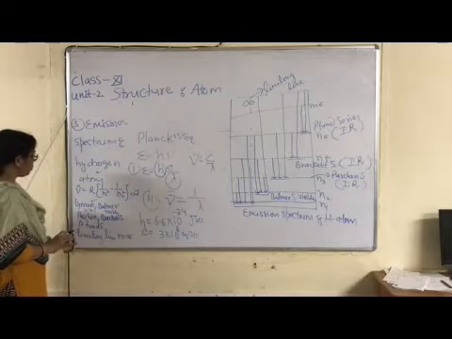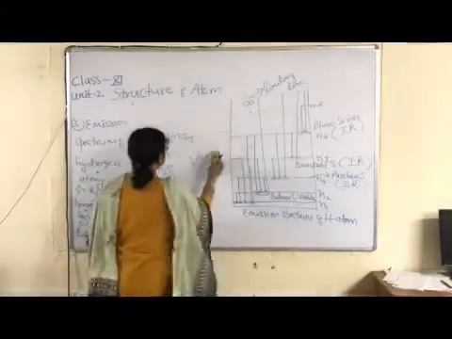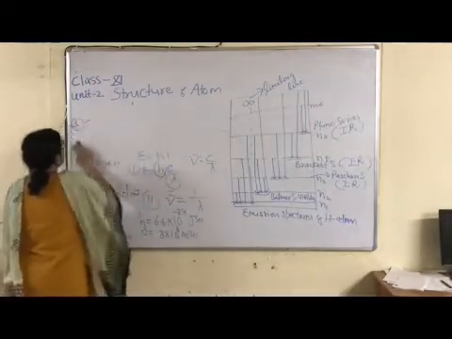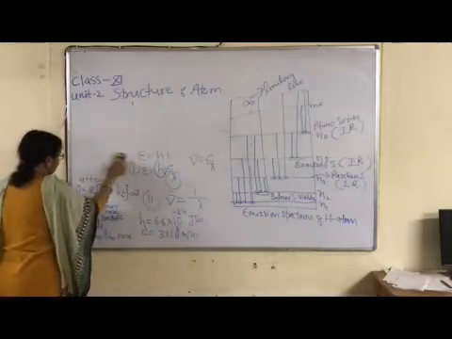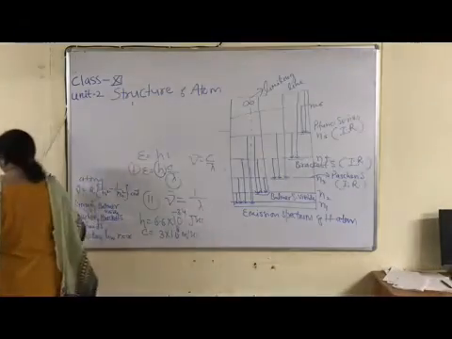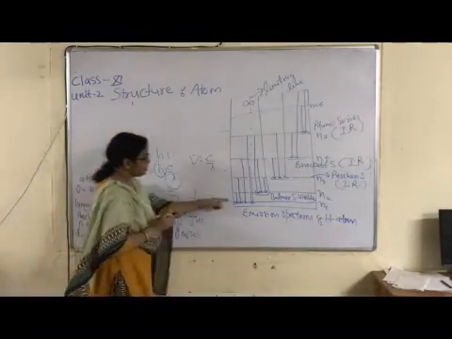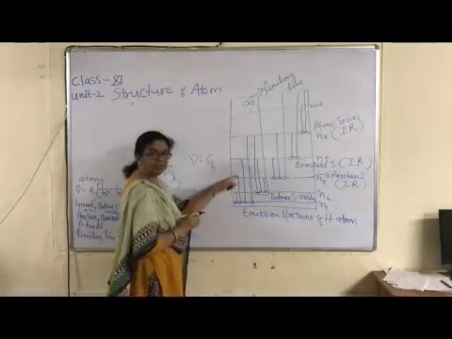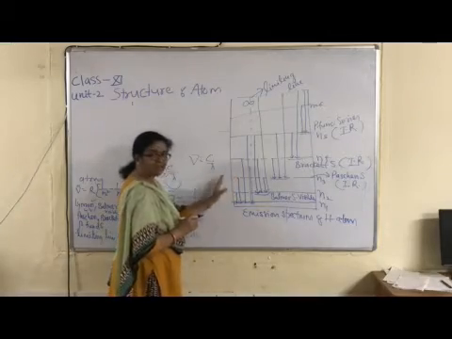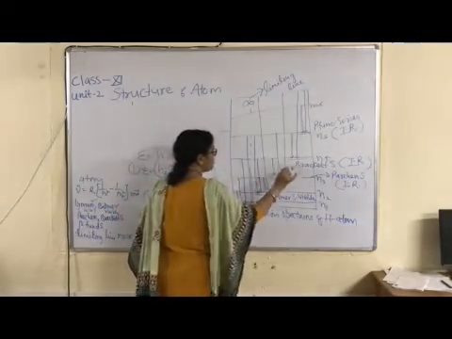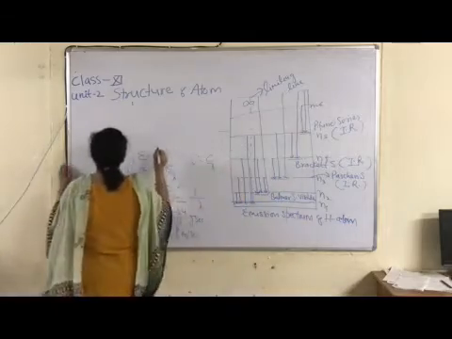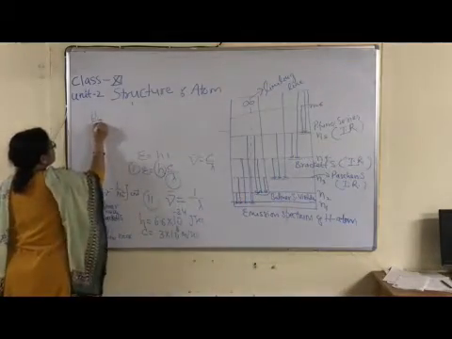Now, according to Rydberg, what is the relationship between energy levels? Here N denotes energy level, N1, N2, N3, N4, N5. So next formula is Rydberg formula.